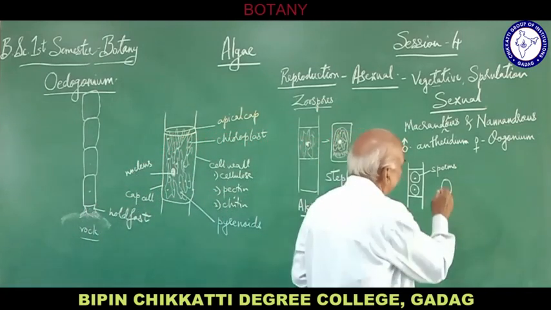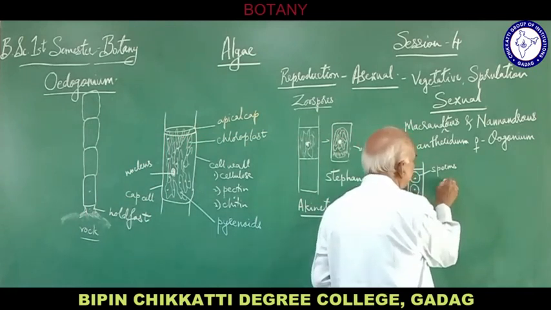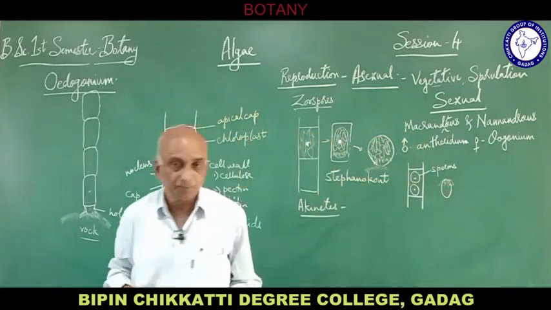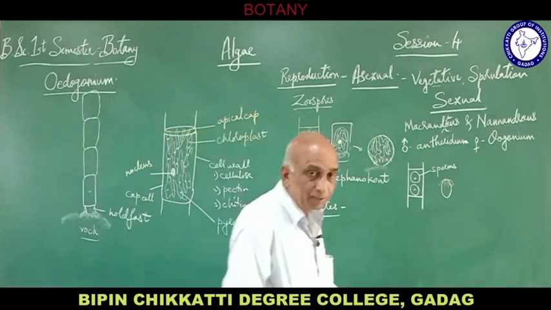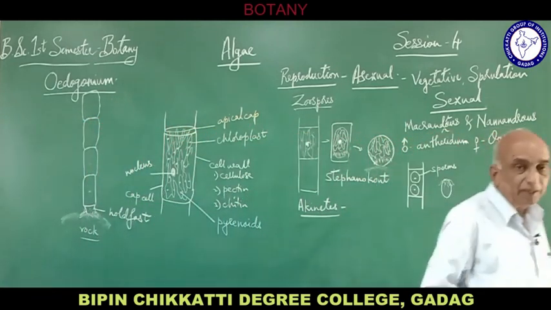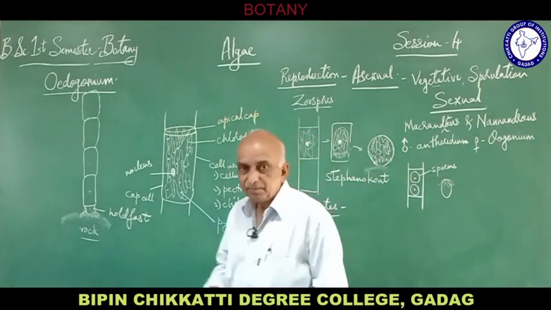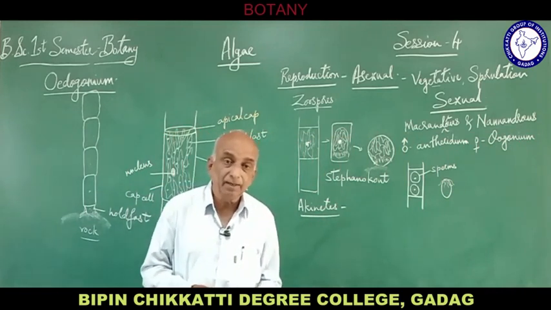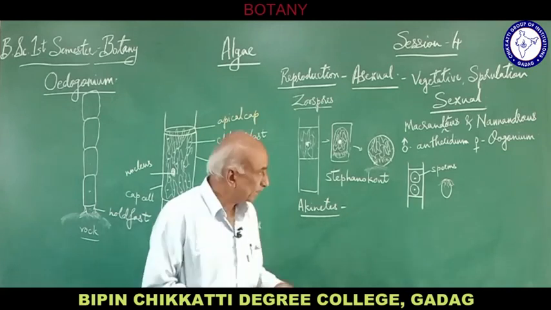So these zoospores are having many flagella, but the sperms are having only few number of flagella, but not as many as zoospores. Sperms are also motile. Zoospores are also motile. They move freely in the water. Zoospores, when they are released, they move freely in the water, and when they come in contact with a hard or any solid object like a rock or like that, they become attached.